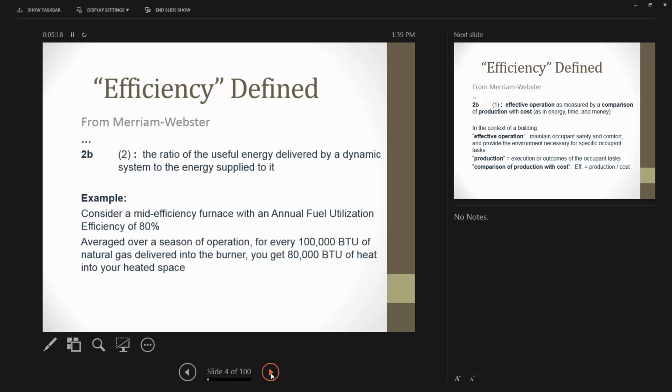So when we're talking about components and systems and we say it's got higher efficiency, we don't necessarily mean that it uses less energy. We mean that it produces more energy on a percentage basis than an equal model.